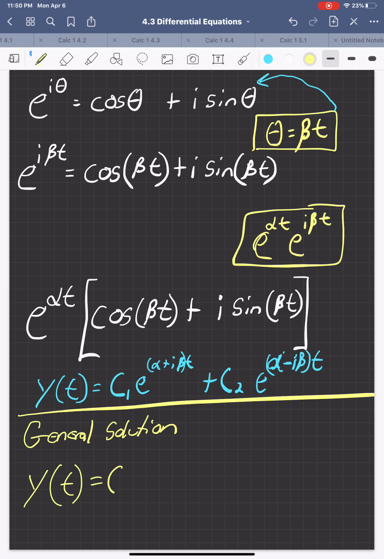So here it is. Here's what's going to help you answer the questions from this section. Since I'm writing the general solution, we may as well write it on the next page because we're going to need it. Ready?